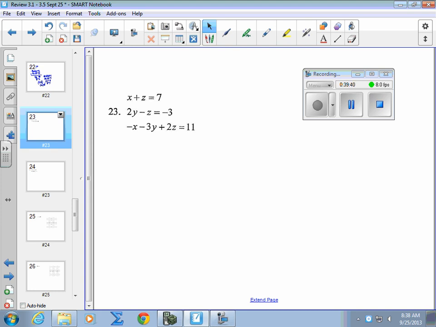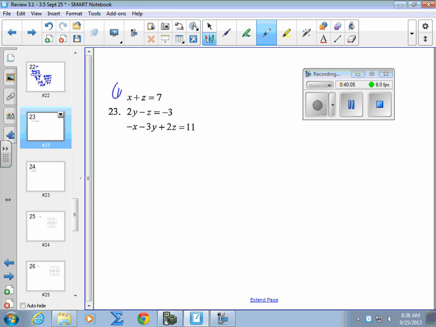Well, the only problem with that is z won't be eliminated in the third one. The second set of equations. Okay, well, let's start. Tell me which ones y'all want.